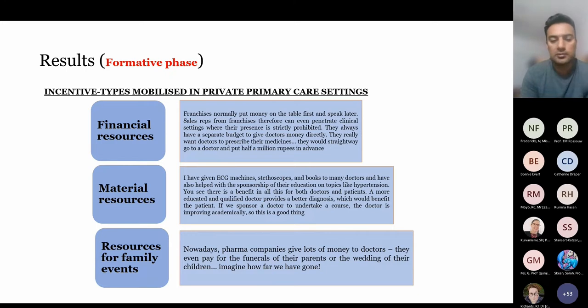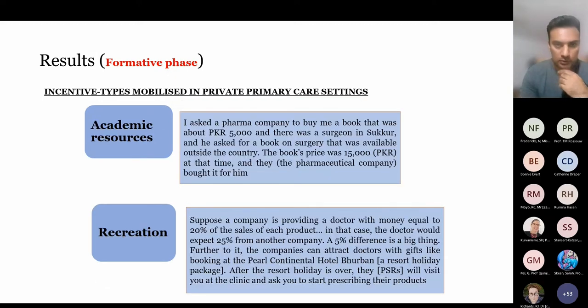And there could be some items of GP's personal use, for example, a nice car, a mobile phone, a laptop, something like that. And there were also some resources for family events as well, for example, for birthdays, for funerals, for weddings. So there was quite a diversity in terms of the resources that GPs usually get from pharmaceutical companies in return for prescribing.